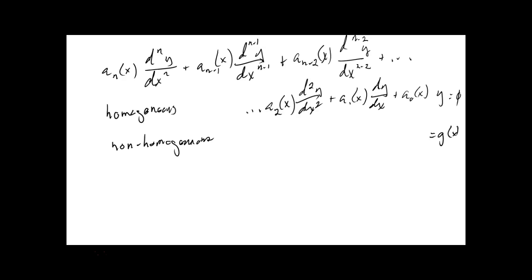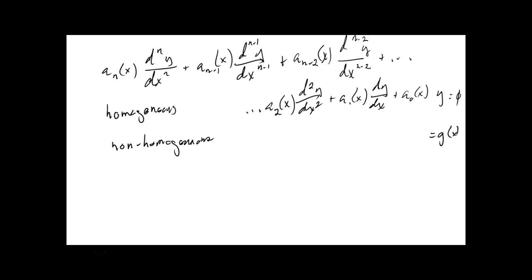We shall see that to solve a non-homogeneous linear equation, you must first solve the associated homogeneous equation. So that's why they're making a distinction. If you have a linear nth order ordinary differential equation that has a g of x here, the first step is to make the g of x 0.